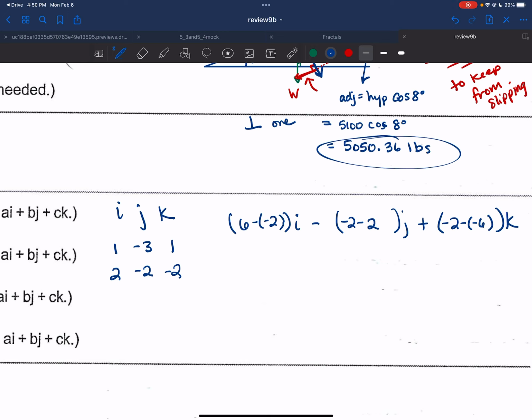Okay, so 6 minus a -2 is like 6 plus 2, so that's 8i. Minus 2 and minus 2 is minus 4, so minus a minus 4 is going to be plus 4j. And then 2 minus a -6 is going to be 4, so plus 4k.